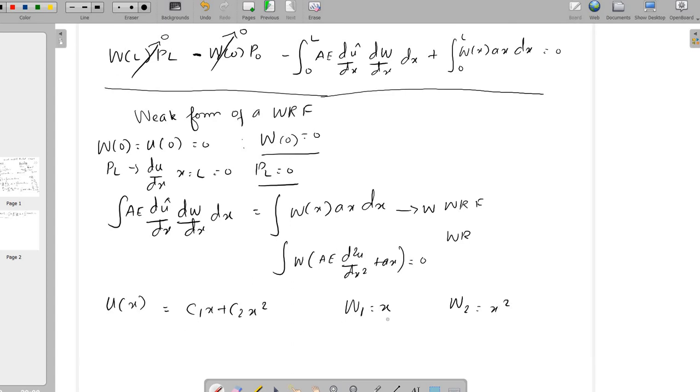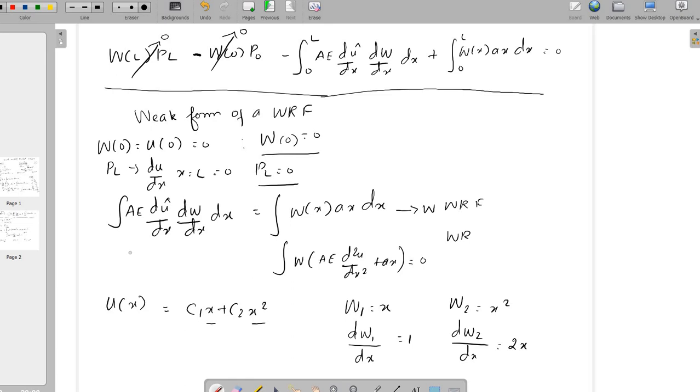To substitute in the weak form, we need the differentiation: dw1 by dx is equal to 1, dw2 by dx is equal to 2 times x.